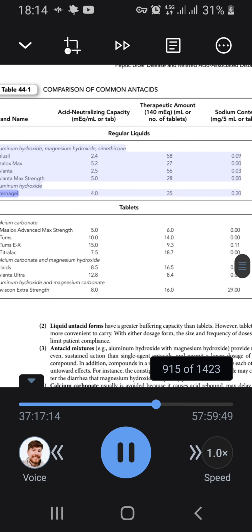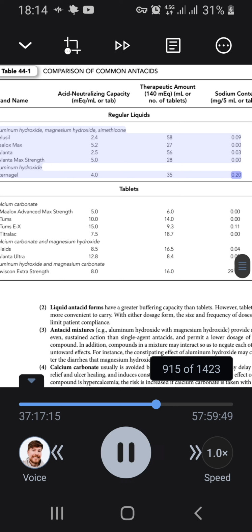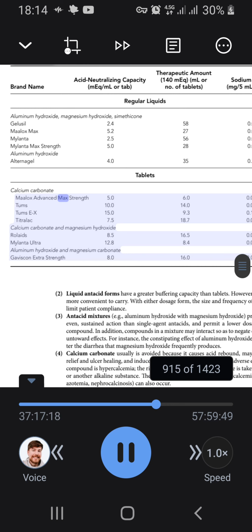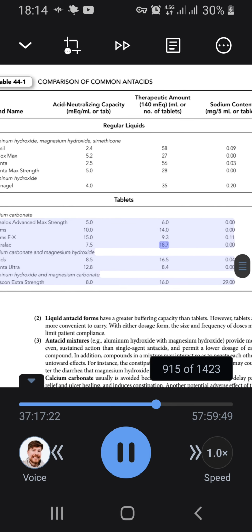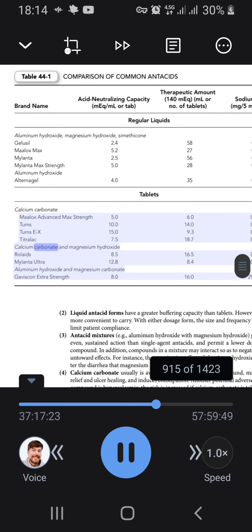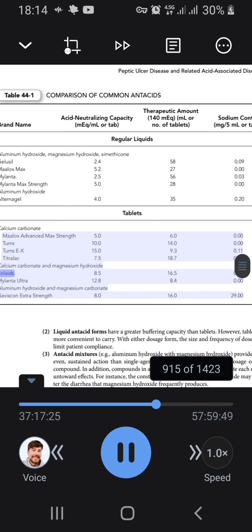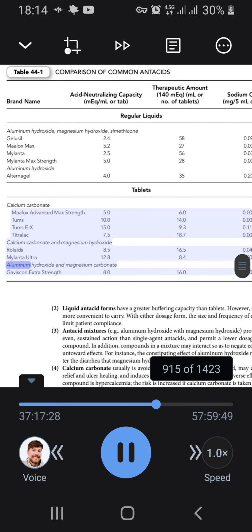Tablets: calcium carbonate. Maalox Advanced Max Strength. Tums. Tums EX. Titralac. Calcium carbonate and magnesium hydroxide. Rolaids. Mylanta Ultra. Aluminum hydroxide and magnesium carbonate. Gaviscon Extra Strength.